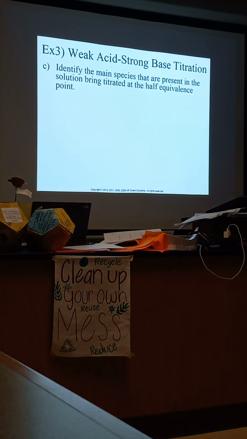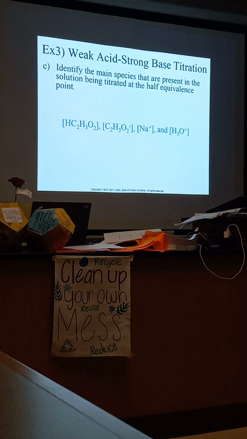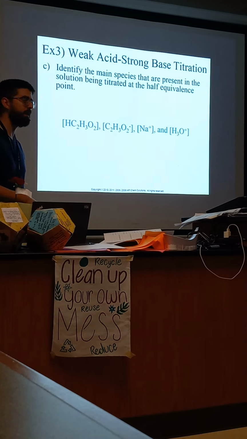Identify the main species that are present. Guys, at half equivalence, we already said that what is equal to each other? These two. So are these two going to be there? Yeah, because they're both equal. And why does it list Na plus here? Because wasn't that part of the salt earlier? Yeah.